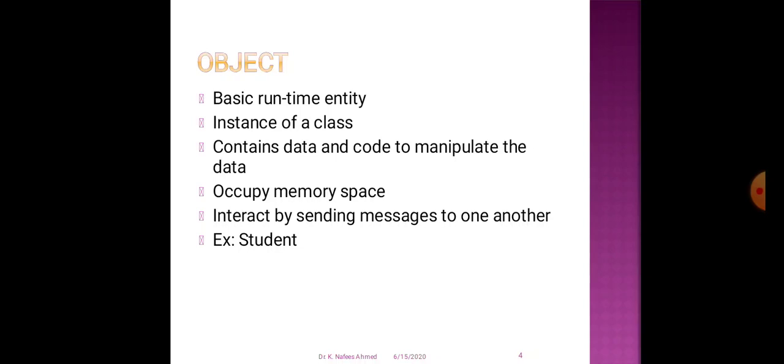Means we are instantiating that class by creating many objects. And as I mentioned earlier, what this object contains is data and code to manipulate that data. And while defining a class, it won't occupy any memory space, but while creating an object, it actually occupies the memory space.